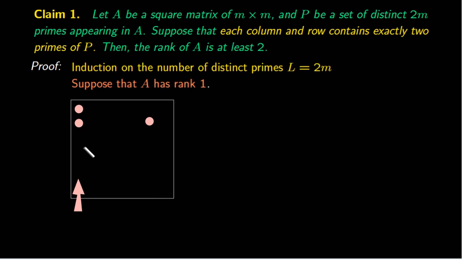So you look at the second row and find another distinct prime in that row, and you do the column swap to move it over here. Next question you have to ask: now you look at the second column, and there must be another prime. It's either above here or below there. So for example, if it is above there, and this itself forms a square matrix with a sufficient number of primes, 2 by 2, and there are 4 primes, so it falls into the induction hypothesis that is the smaller size.